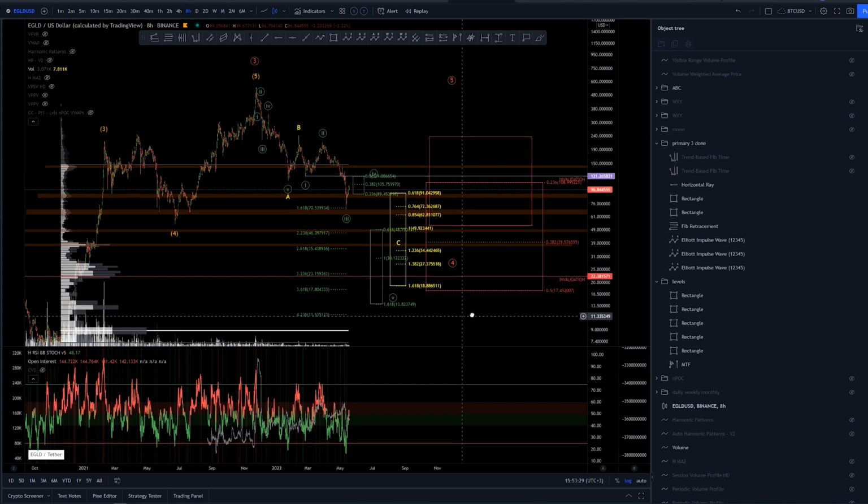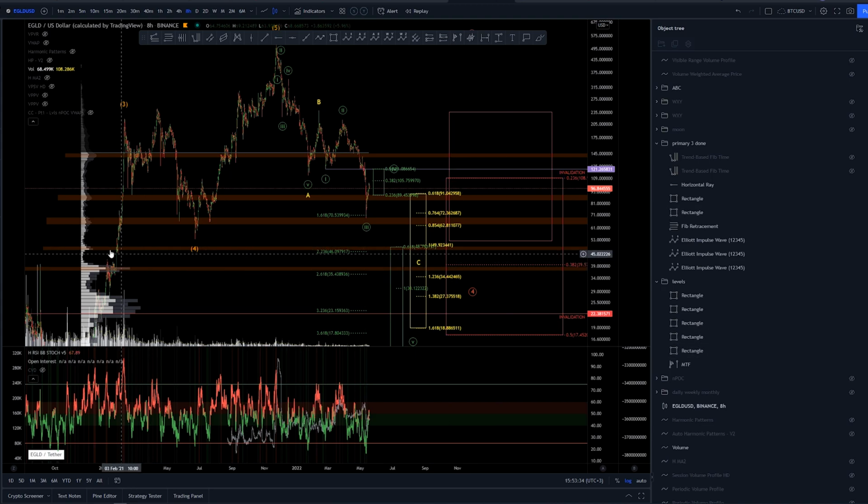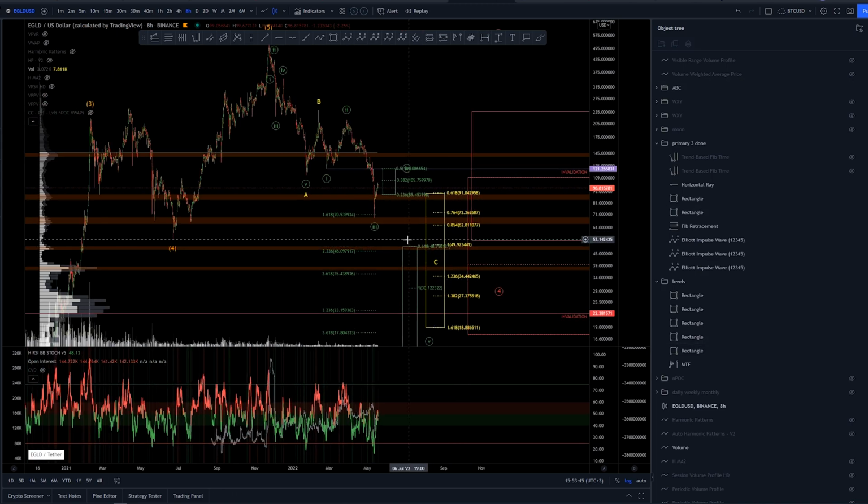Now, just by looking at volume, do we see something good as well? We do. We have some kind of small bump in volume here, right at that one-to-one extension and the minimum extension here at the 0.618, which gives us more confidence that something could be bottoming here.